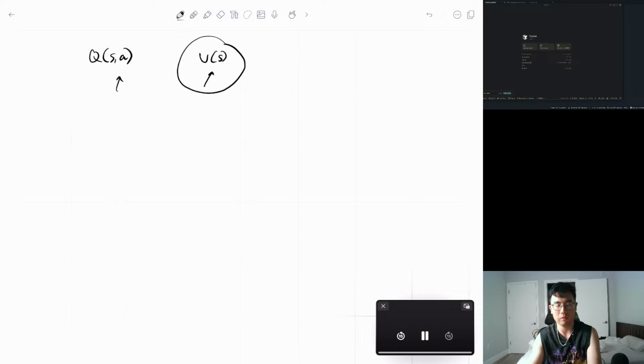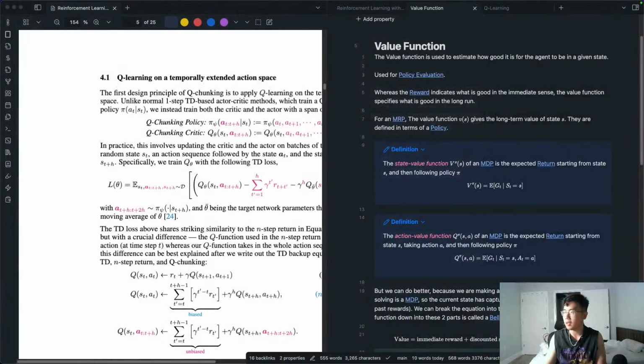So Q value function: state value and action value.